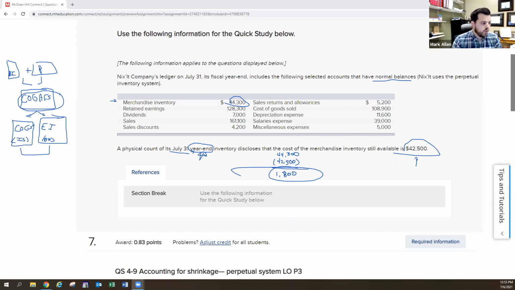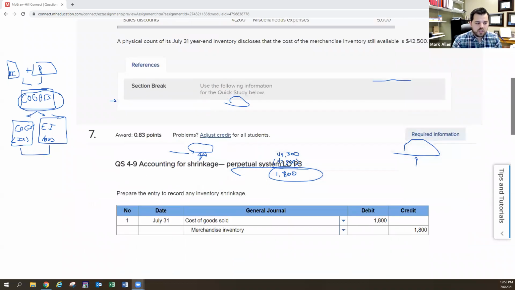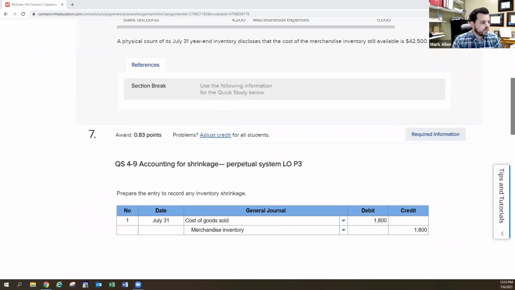Very good. So as we come down, we'll actually see what this entry looks like. And we noticed that we had $1,800 less than we expected, which means inventory has to go down and cost of goods sold has to go up. Because as we said, we either have it, indicating it hasn't been sold, or we don't have it, meaning it has been sold.